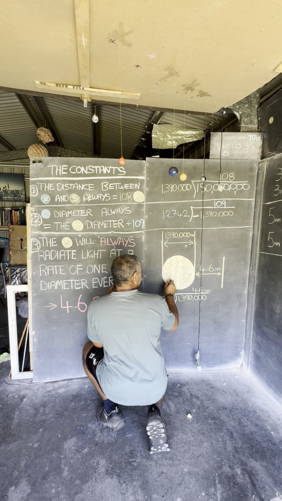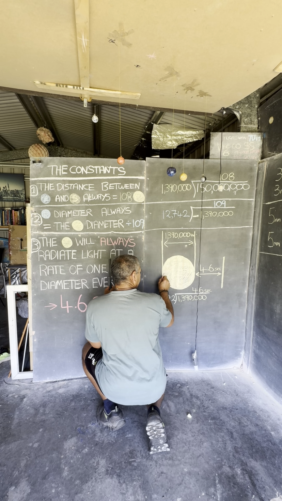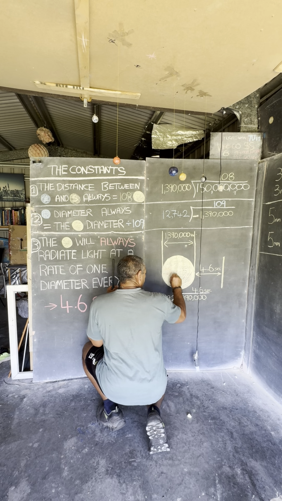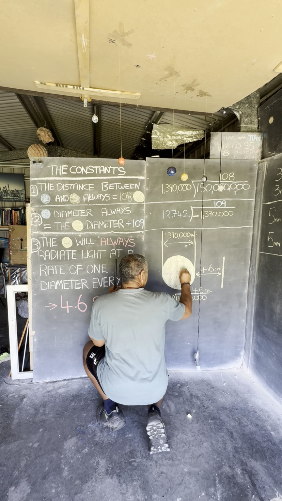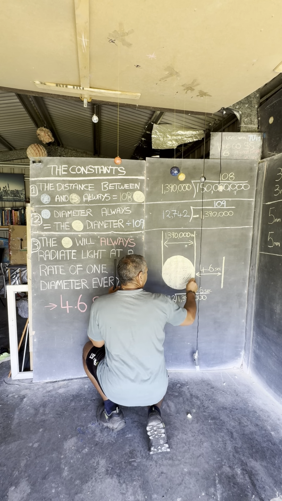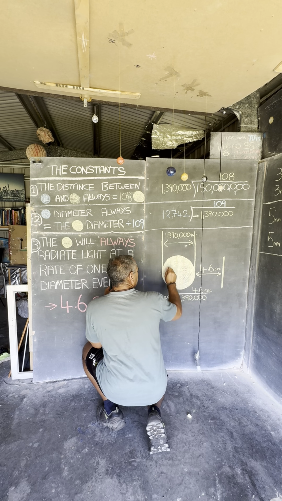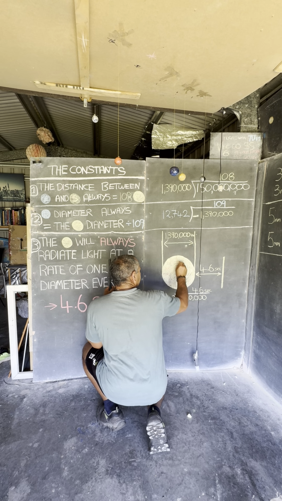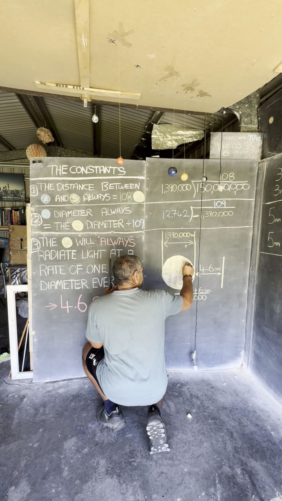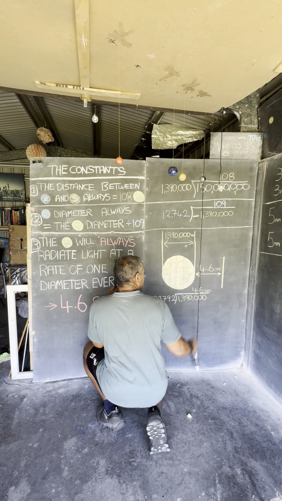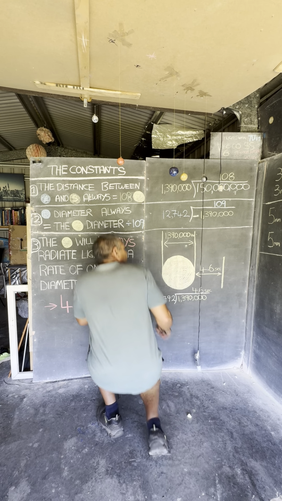So that means it's going to take 1 second for the light to travel from there to there. And then we've got another one, and another one, and another one, and then we've got a 0.6 of a second. So it's 1 second, 2 seconds, 3 seconds, 4 seconds, and a 0.6, which equals 4.6 seconds.